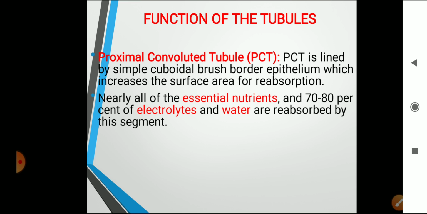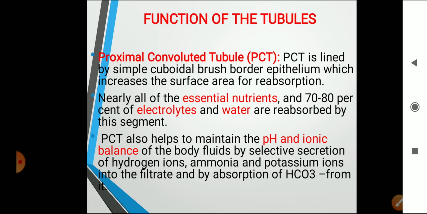Nearly all the essential nutrients, that is glucose, amino acids, etc., and 70 to 80% of the electrolytes and water are reabsorbed by this segment. So it is the PCT which plays a major role in the reabsorption of useful substances, that is nutrients, water as well as electrolytes.